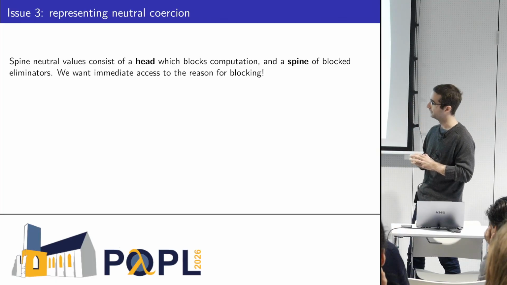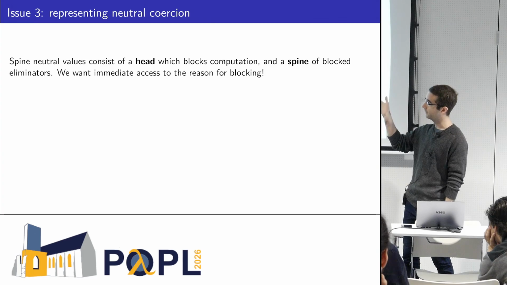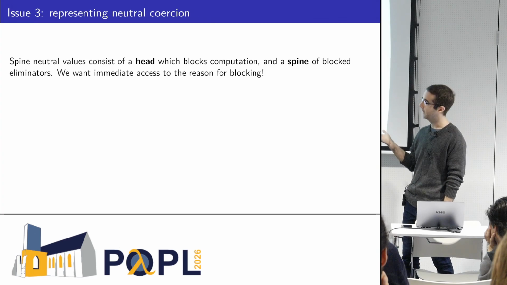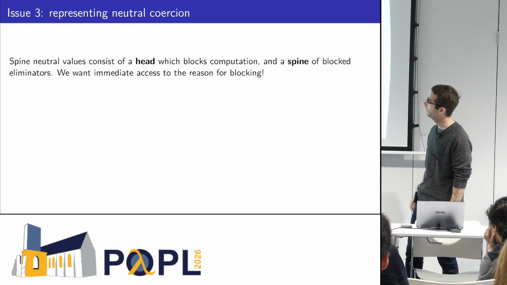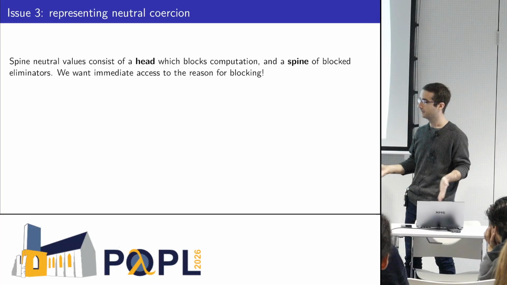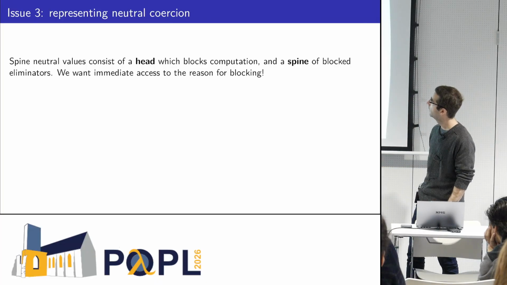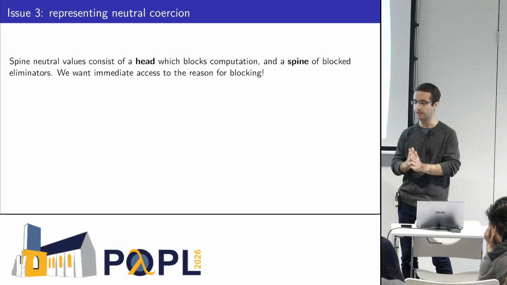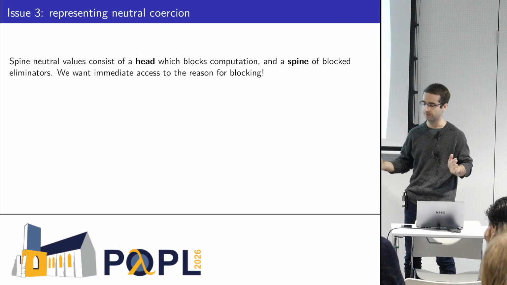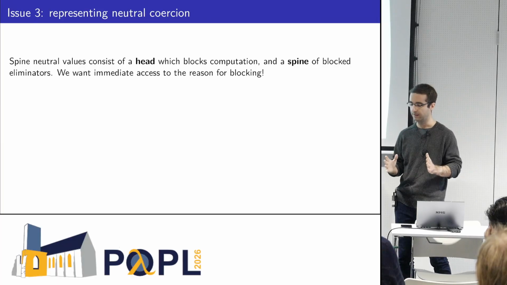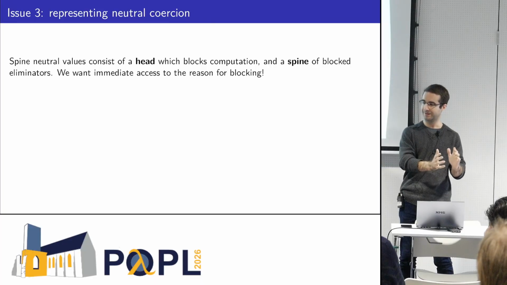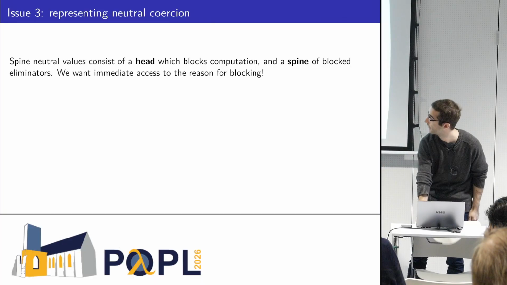For example, we can choose to represent neutrals in a spine form, so that every neutral has a head, which is the thing which blocks computation, and then it has a spine, which is a sequence of eliminations which are being blocked. And the nice thing about this is that we have immediate access to the reason that something is being blocked.